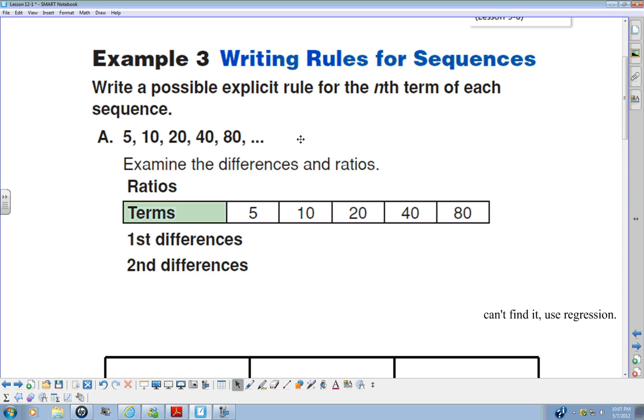And we're going to look at the possible different rules. You need to look at the numbers, and maybe you can figure out what it is right off the bat. But we're going to go ahead and look at the differences first of all.